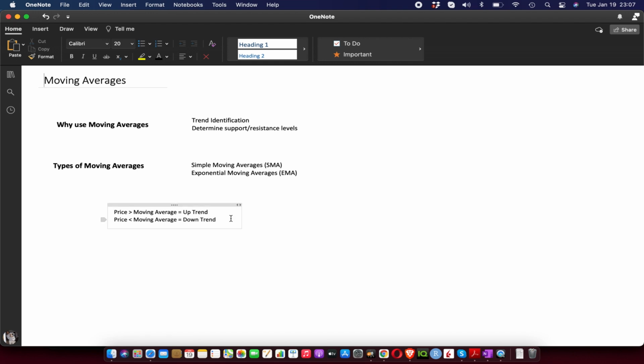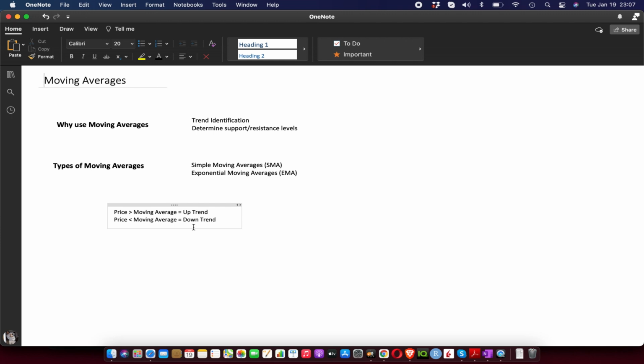As a general guideline, if the stock price closes above the moving average, then the trend is typically up, so the stock is in an uptrend. If the stock price closes below the moving average, then the trend is down, so the stock is trending down.